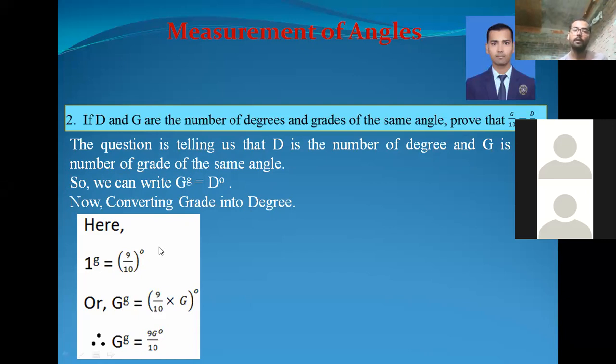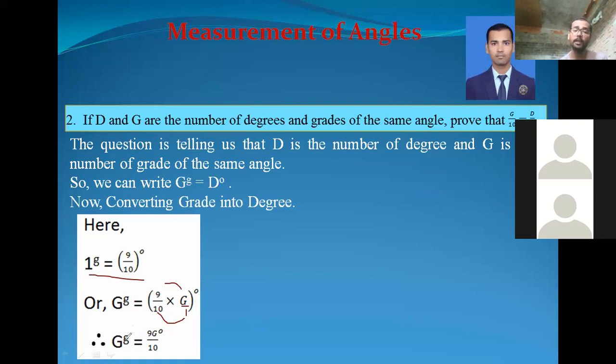Since 1 grade is equal to 9/10 degree, G grade is equal to 9/10 into G degree. Therefore, G grade is equal to 9G degree by 10. There is nothing in the denominator, it means 1, so numerator into numerator and denominator into denominator: 9 into G is 9G, and 10 into 1 is 10 degree.